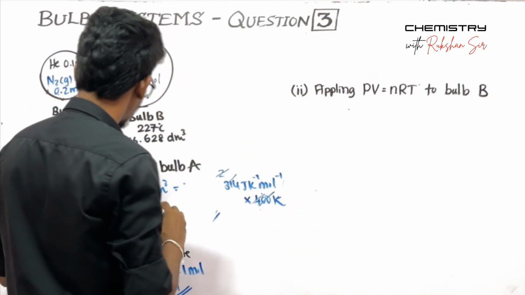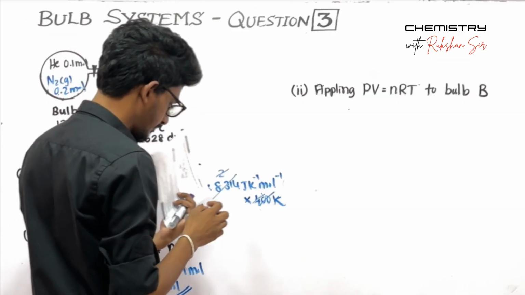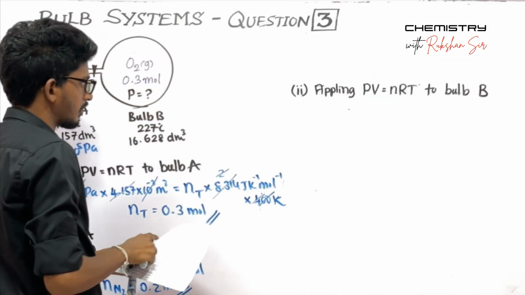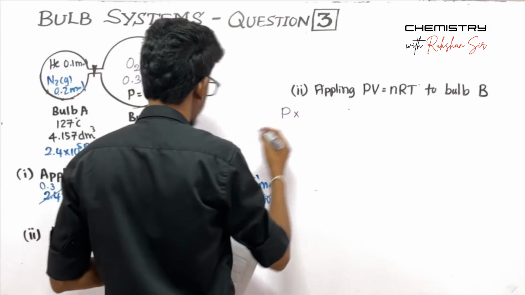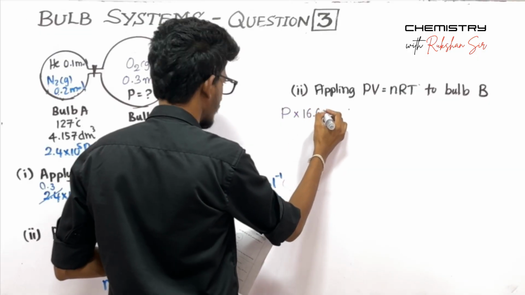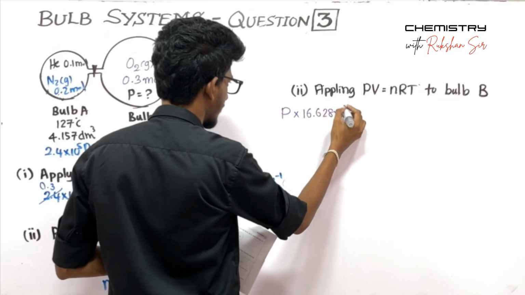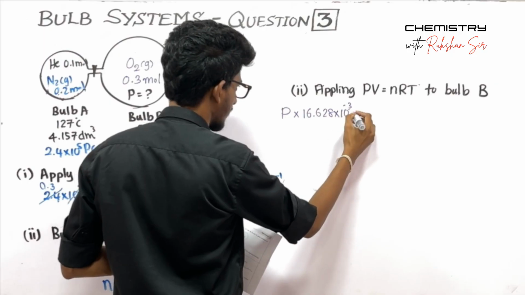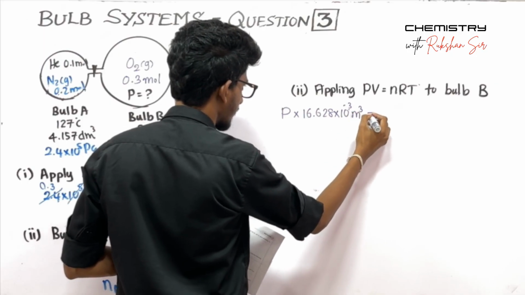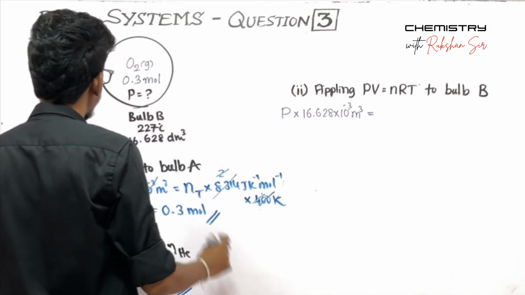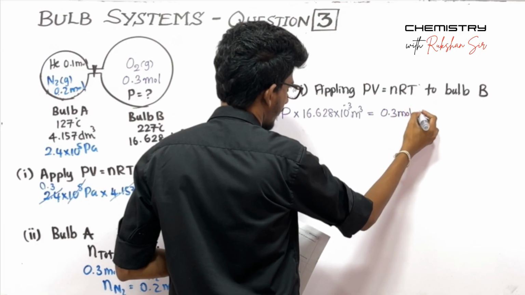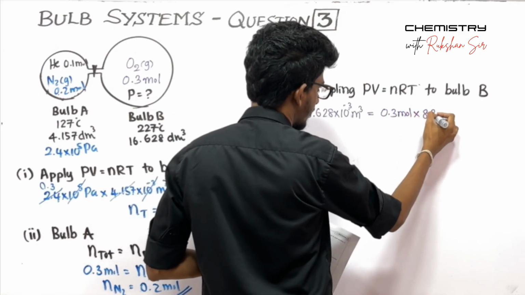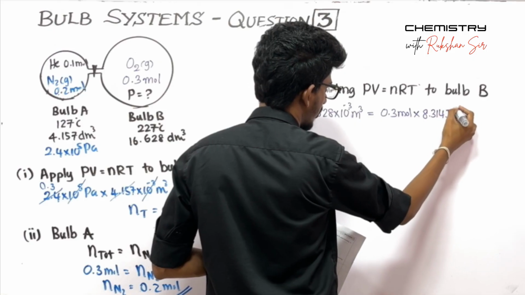So the P, that is what we are looking for. V is given as 16.628 into the power minus 3, as we need to come up with the meter cubed units. n is given as 0.3 moles. R is 8.314 joules per Kelvin per mole.